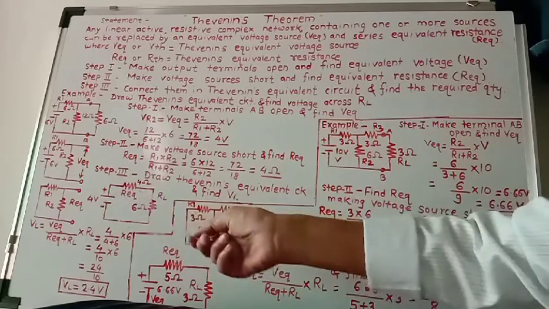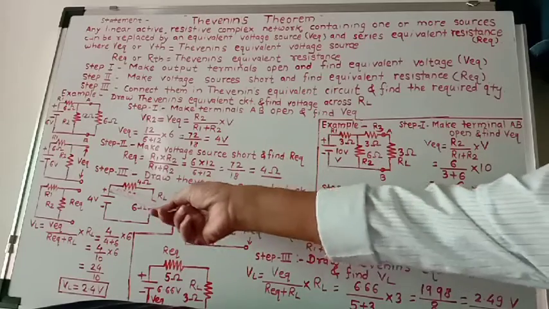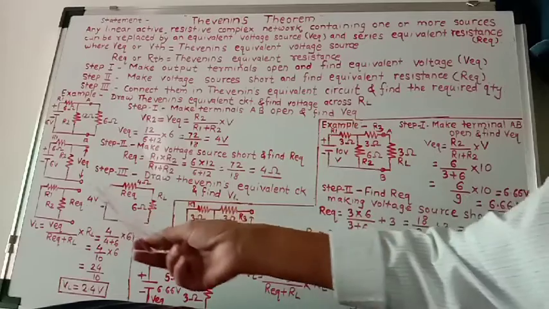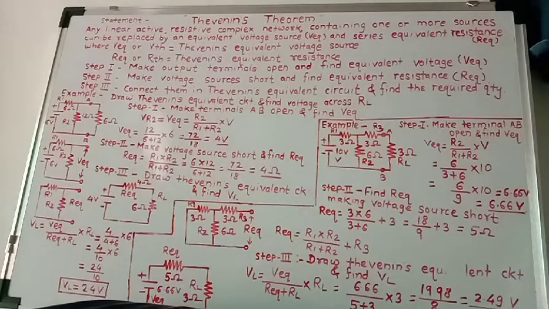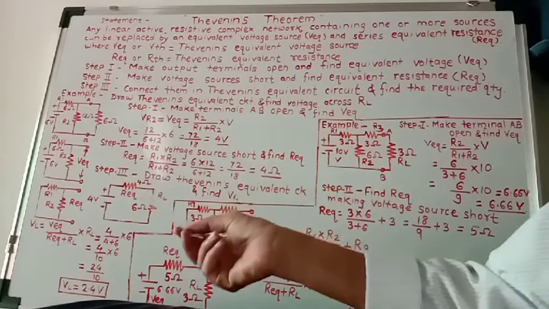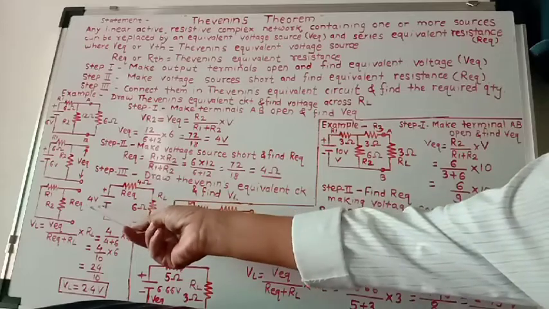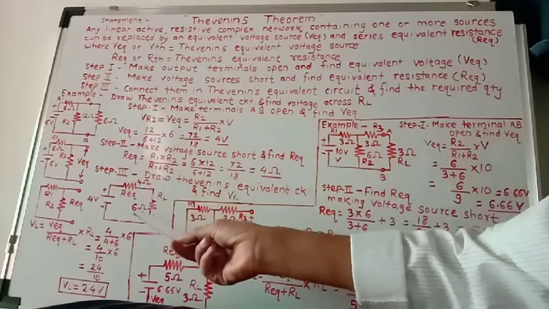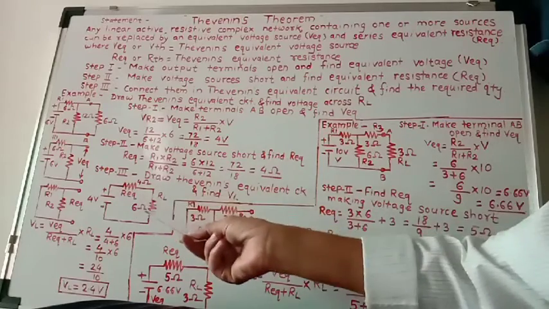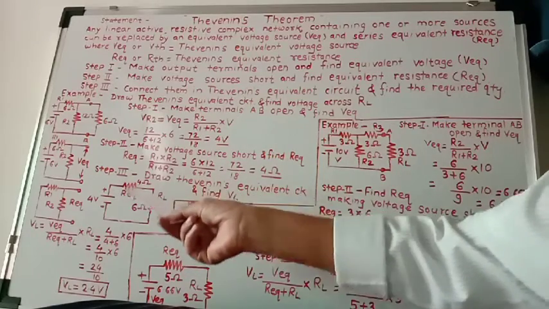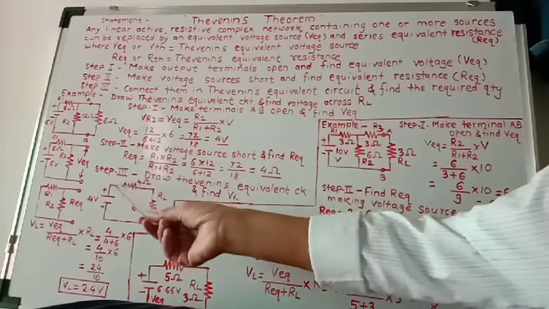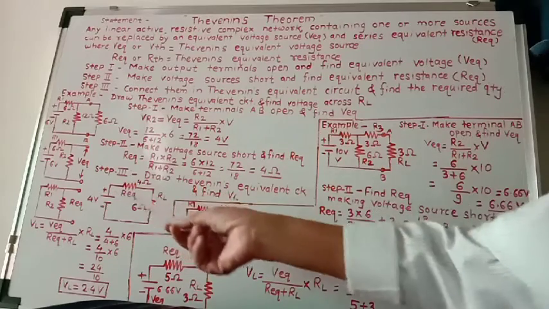Because these two resistors are in series, we have to take the sum of these two resistors.